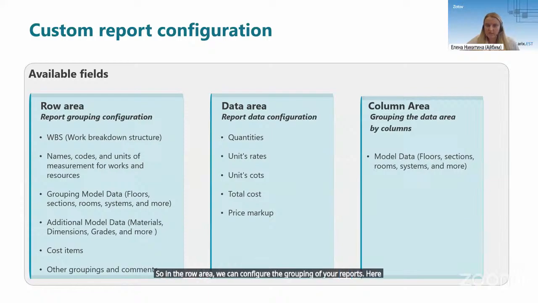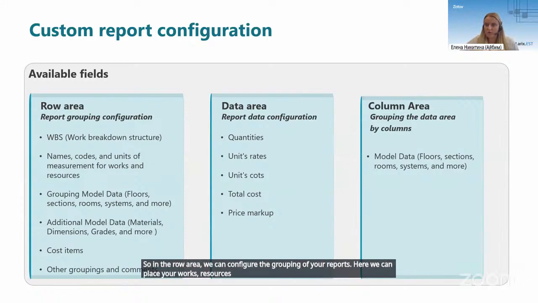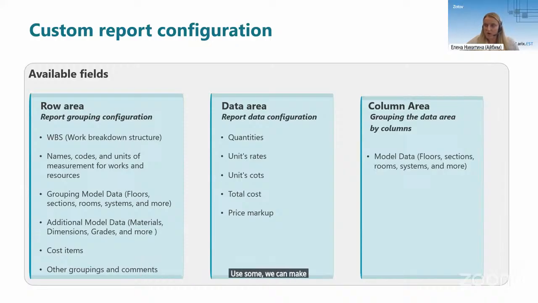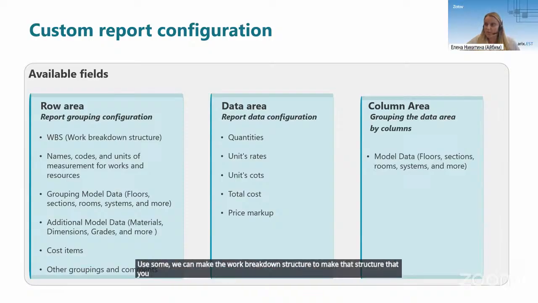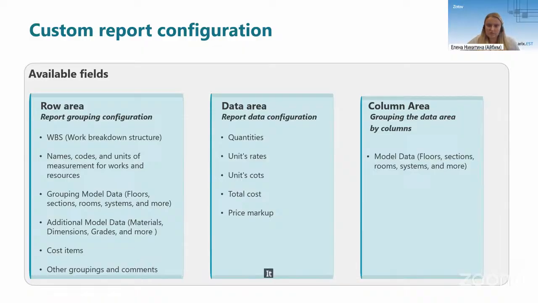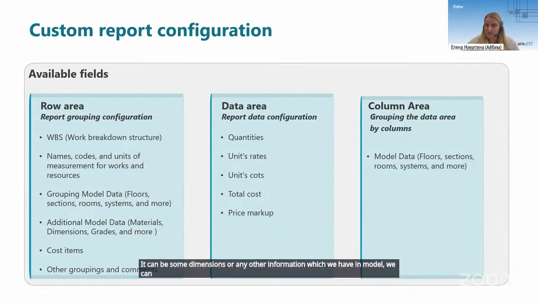Here we can place your works, resources, names, codes, units of measurement. We can make the work breakdown structure to make the structure that you need for your report. We can add cost items, some comments, some other data from models. Maybe it can be materials, some dimensions, or any other information which we have in the model. It's the group and information of your report.